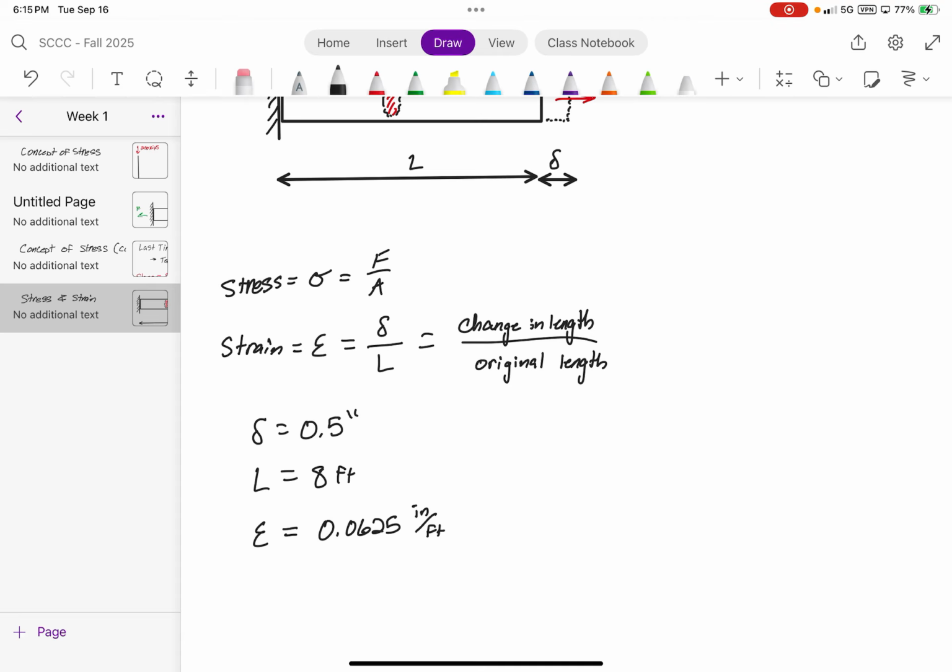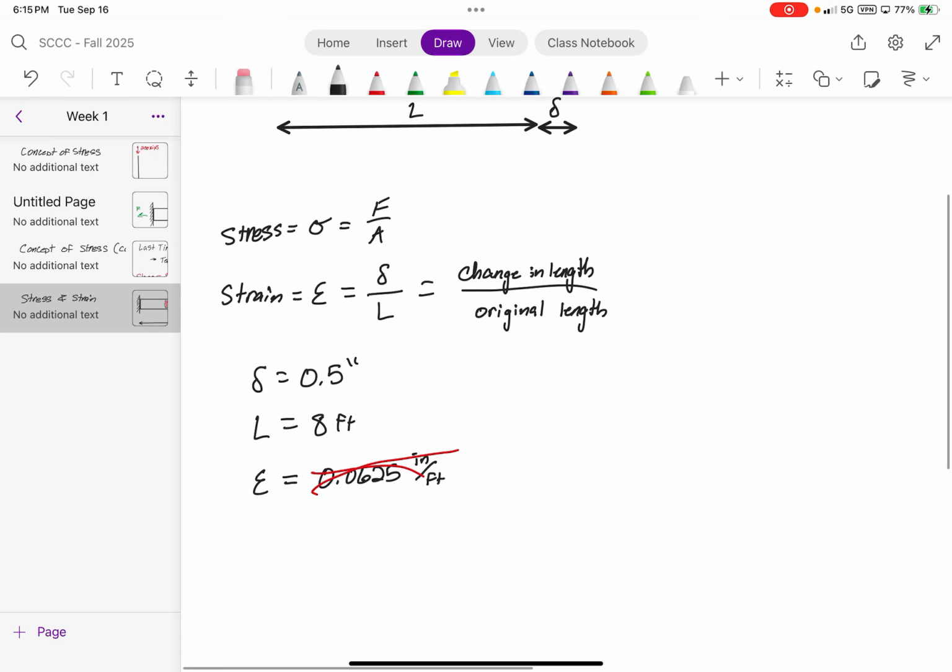Now, I'm going to warn you guys something with this. We always try and keep the units for strain the same. So it's going to be inches per inch. That's how strain is usually measured. So in reality, whenever you guys are asked to solve for a strain, don't do that. Instead, take the 8 feet, multiply it by 12 inches per foot to get it into inches as 96 inches.